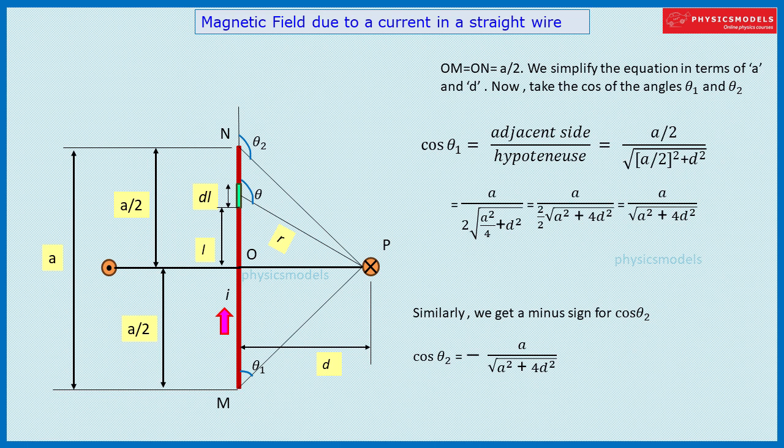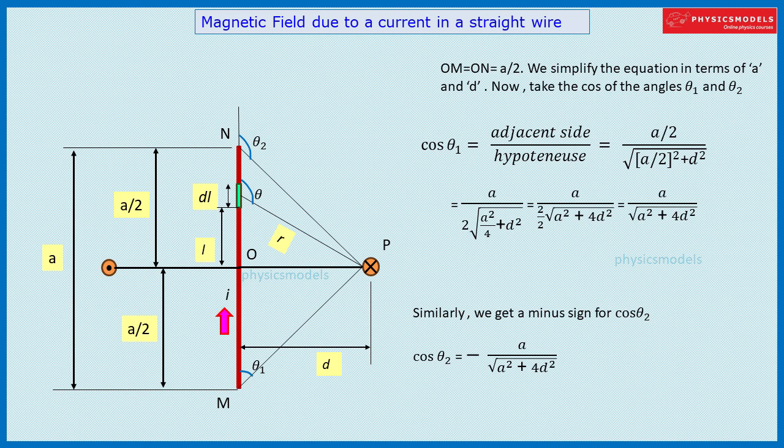So let's do that. Cos θ1 is the angle OMP, and that's adjacent side by hypotenuse. The adjacent side is the length A by 2. The hypotenuse, use the Pythagoras theorem, that's A by 2 whole squared plus D squared, and when you simplify that you will get A by root of A squared plus 4D squared, as you can see.